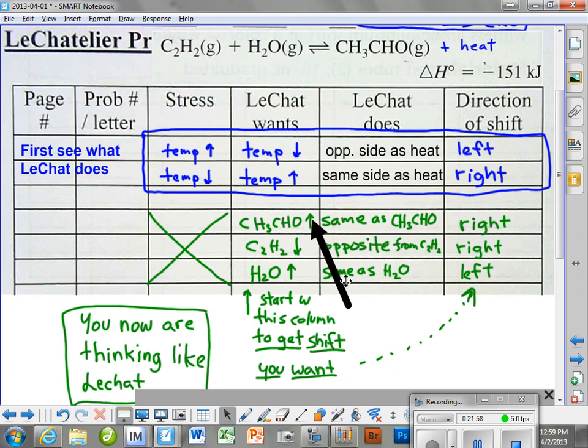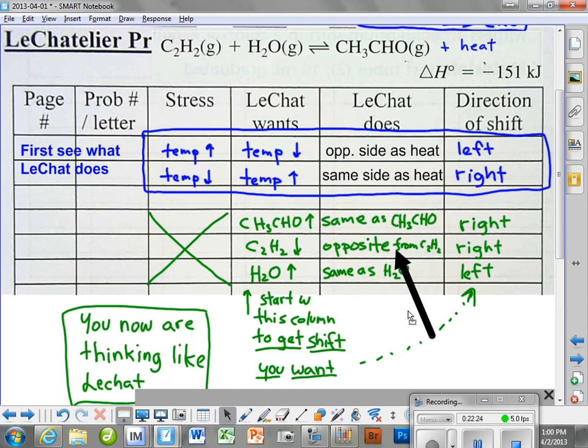Okay, here's the last guy, the CH3CHO. We want Le Chat to make this guy go up. And when Le Chat thinks that he needs to rise, he's got to go to the same side that the stuff is on that he wants to increase. So this guy is on the right, and same on this line is right because our reference point is CH3CHO.